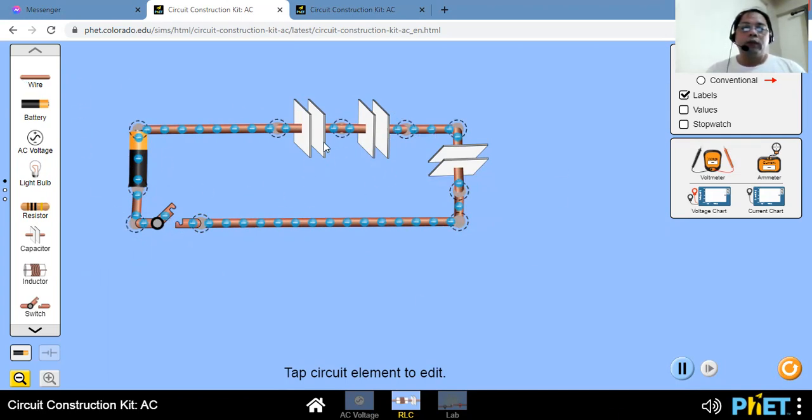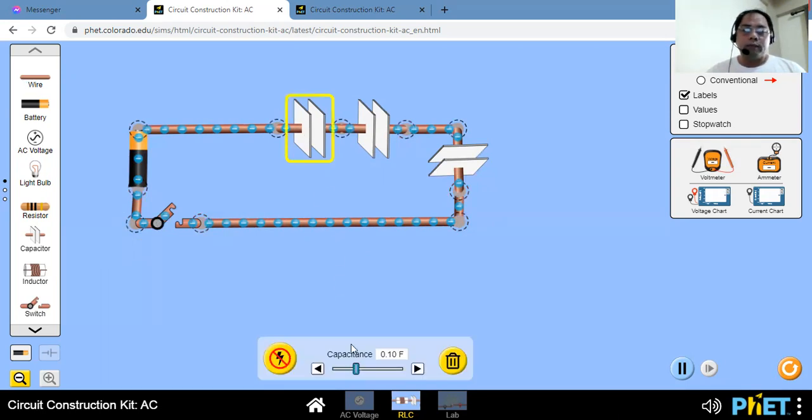Now maybe we can call this C sub 1. And if we click C sub 1 again, we are able to change its value to as low as 0.05 farad to as high as 0.20 farad. So in reality, we could never set, I think, a 1 farad value because that's relatively a large value.